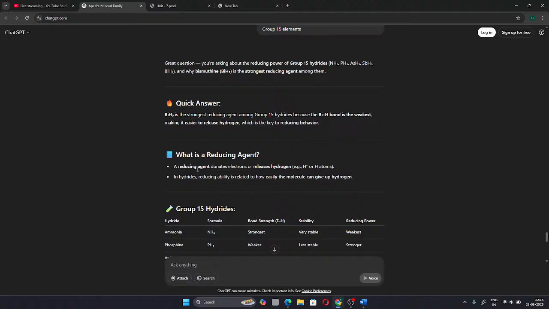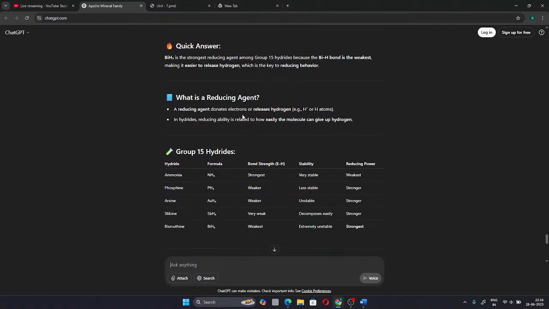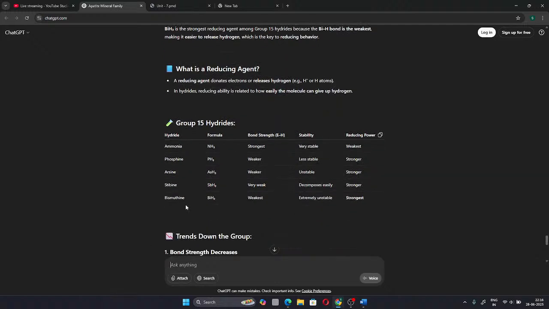A reducing agent donates electrons or releases hydrogen. In hydrides, reducing ability is how easily the molecule can give up hydrogen. Ammonia can't easily give up the hydrogen, so it is weakest, and that is why it's very stable.